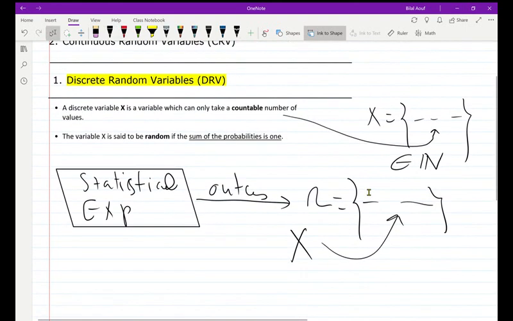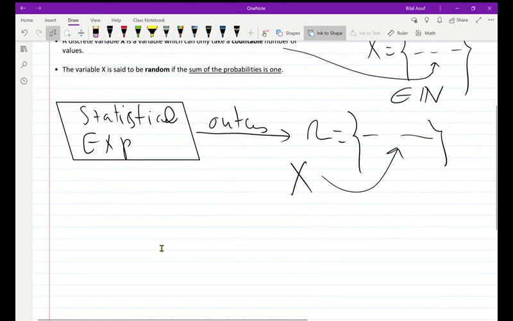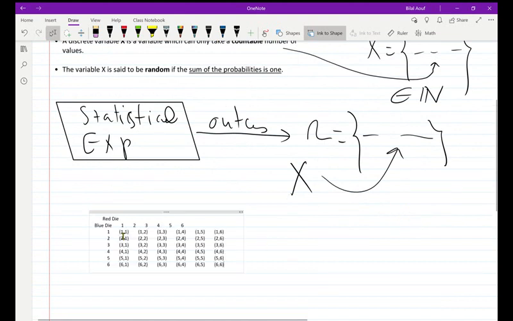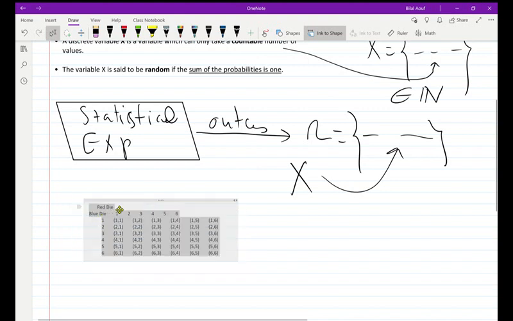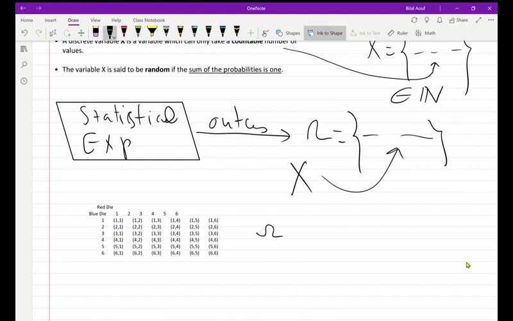The example given in the lecture note: we roll two dice, red and blue. The outcomes are arranged in this table: 1 1, 1 2, 1 3. I have 36 outcomes. How do I calculate them? Omega equals 1 1 till 6 6.